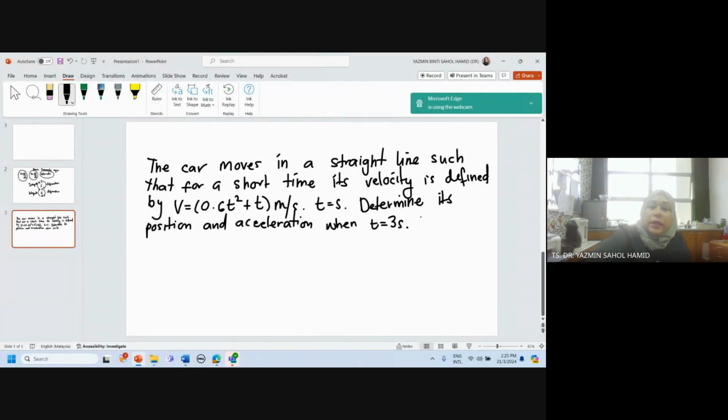Okay, and then at t equals to 0, s equals to 0.